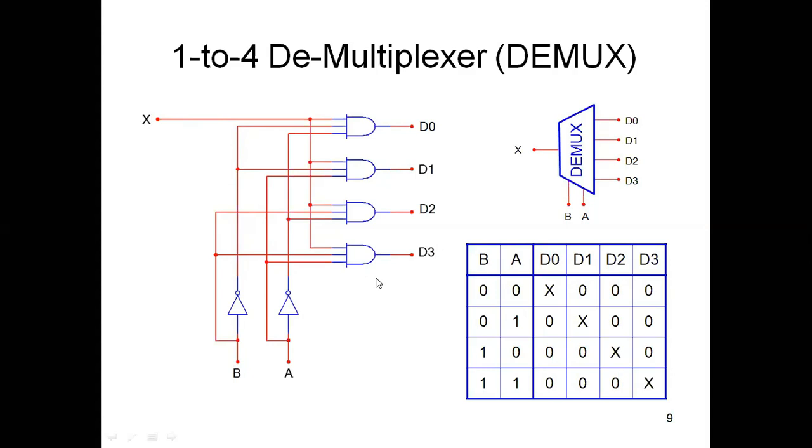How many selection lines are required? 2 selection lines, which I name A and B. Based on the selection lines A and B, we can choose any one of the outputs D0, D1, D2, D3.